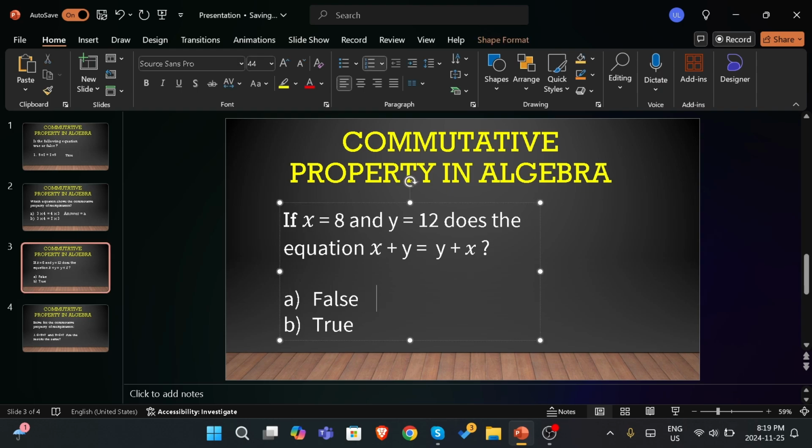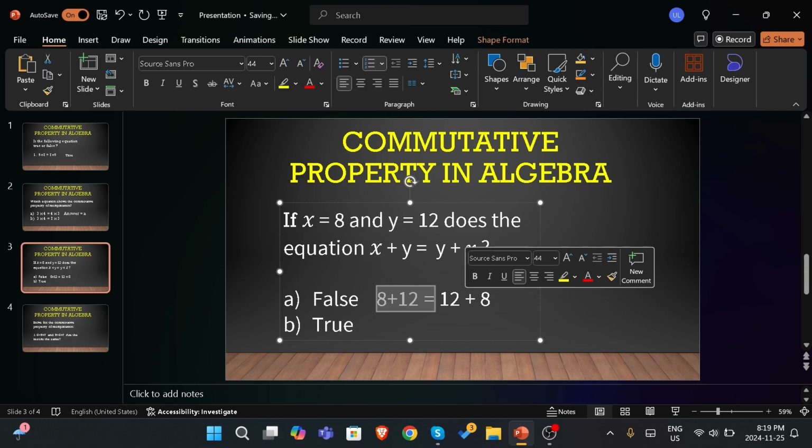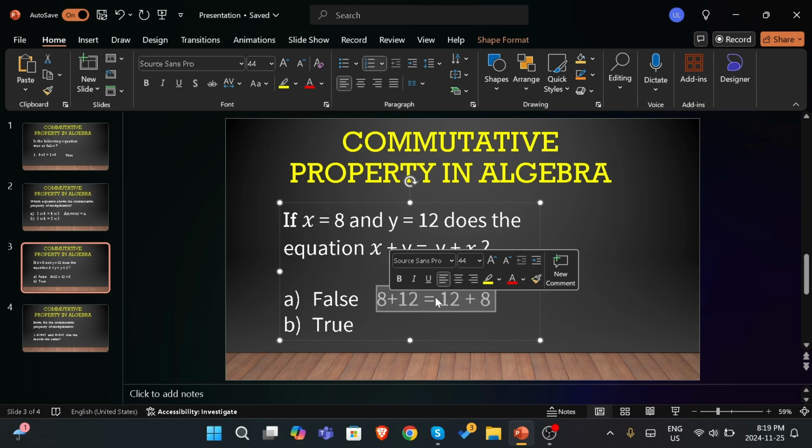So now, x is equal to 8, alright? So here we are adding, so basically it becomes 8 plus 12. So this basically means that they're asking if 8 plus 12 is equal to 12 plus 8. And like I said, addition is commutative. So, of course, the result would be the same.